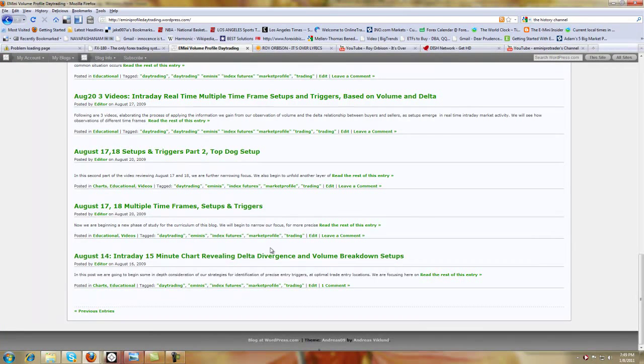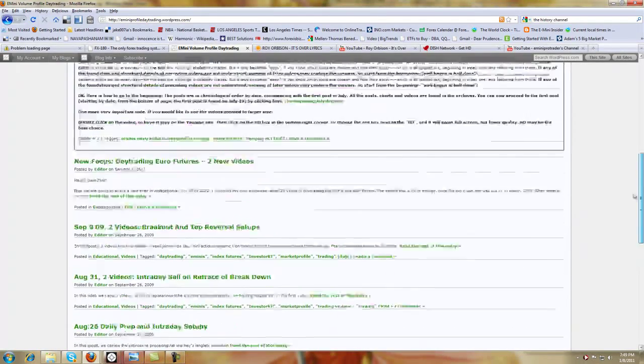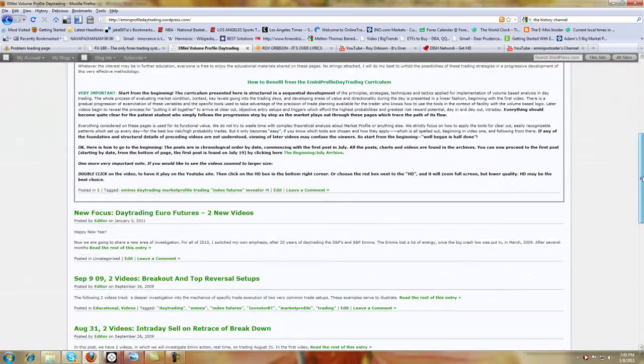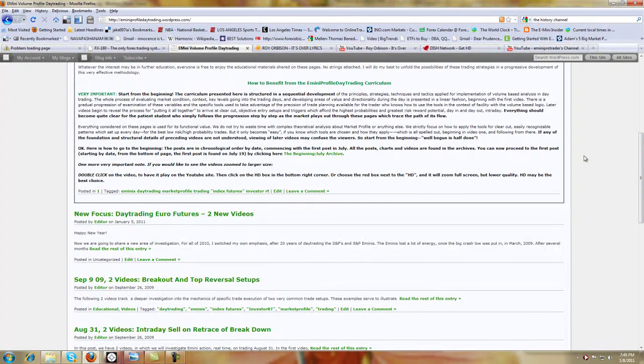You could see many instances where we talked about delta divergence on the different time frames, going down to 4 minute, 3 minute, even 1 minute. But now what I want to do today is demonstrate numerous examples, so you can see by the sheer frequency of them how you definitely can go down and look at your delta.